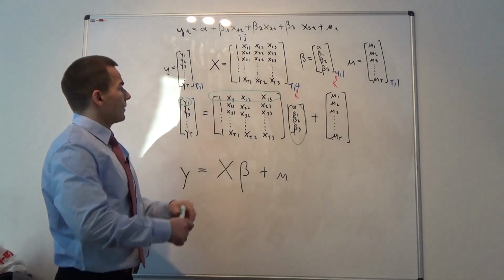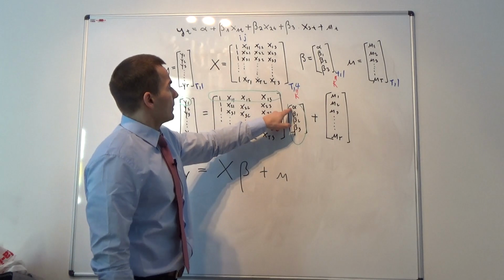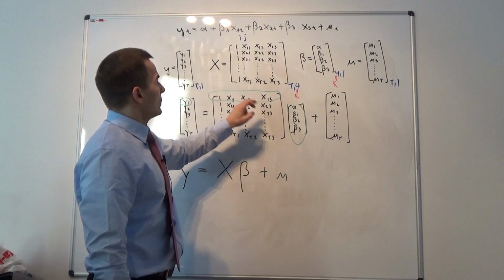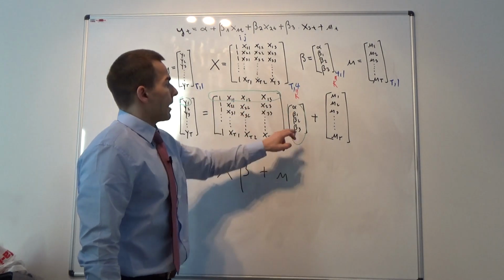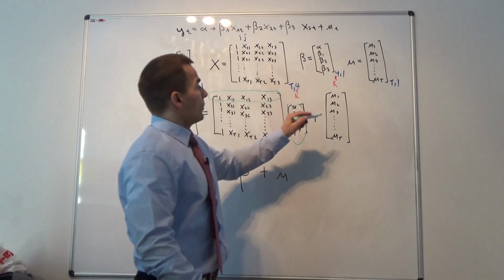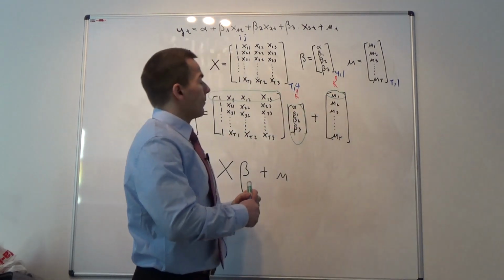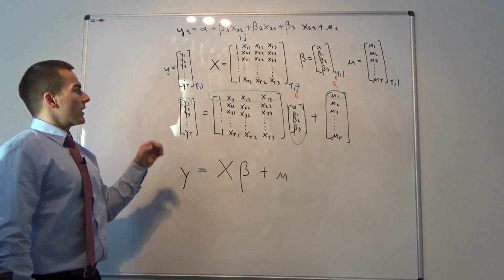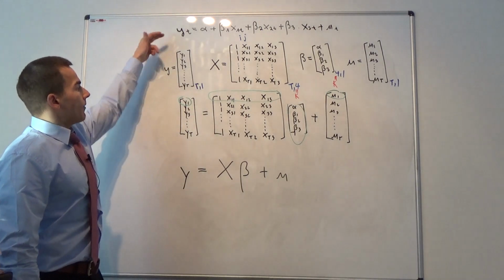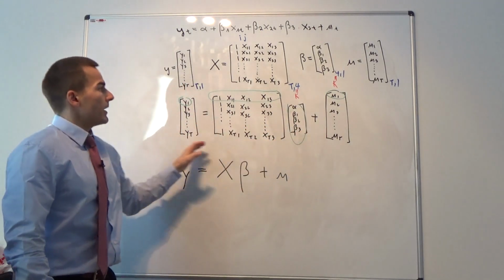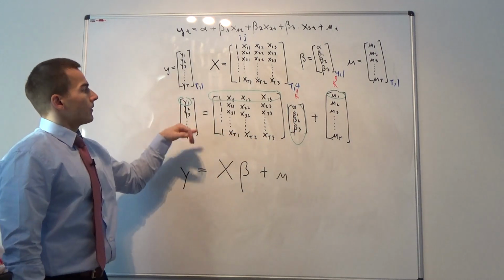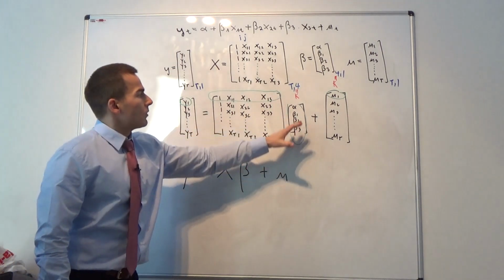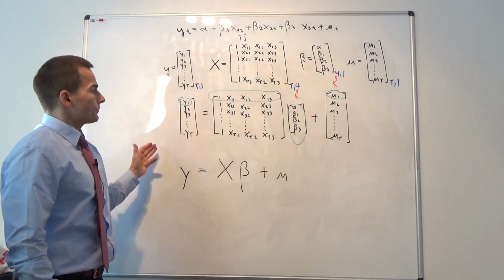So what comes out is x11 times beta 1 plus x12 times beta 2 plus x13 times beta 3, and we add the corresponding error term at time t equals 1. So for every point in time, we can read from this matrix system the corresponding realization. We just wrote it here in a more compact form.